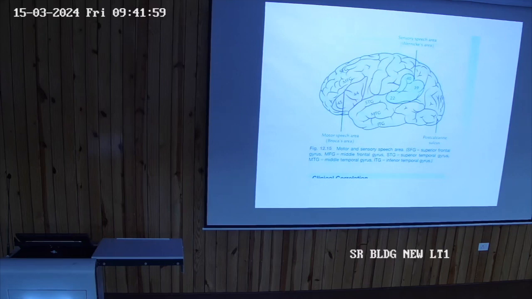These fibers coming from the cerebral cortex and reaching the anterior horn of the spinal cord are named corticospinal fibers. Besides this, these projection fibers also reach the nuclei of the cranial nerves.